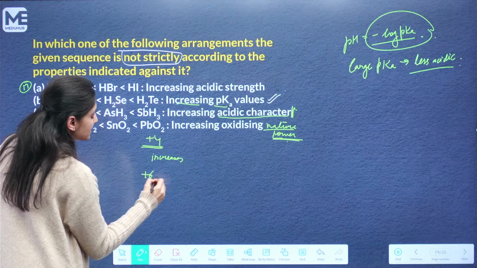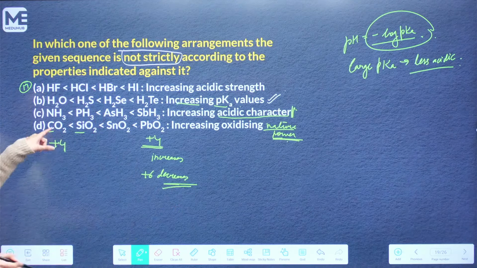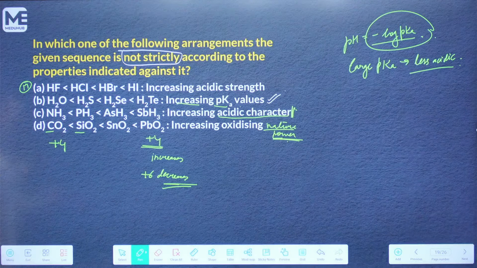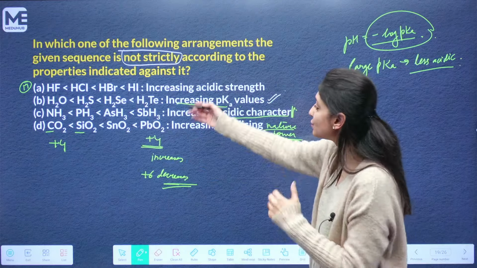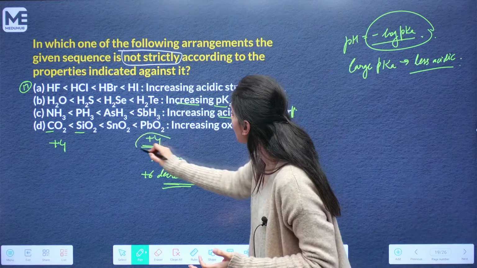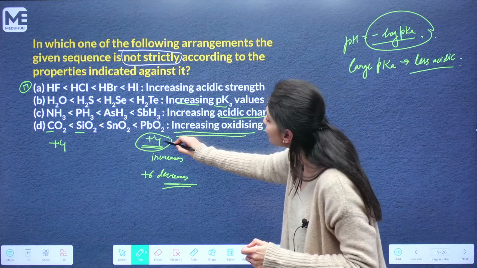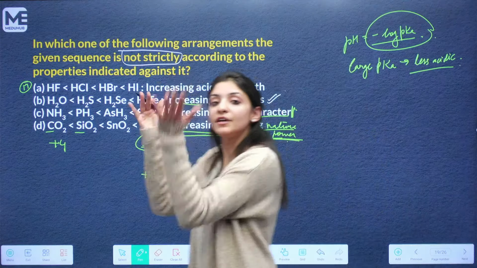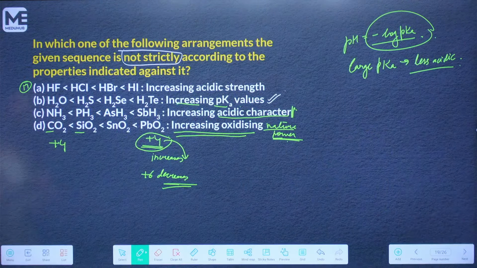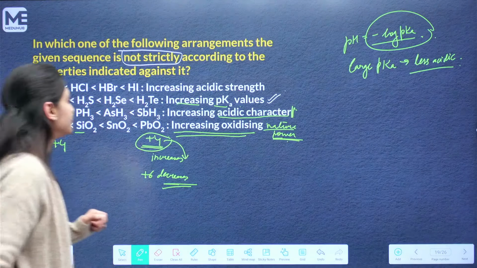And that of +6 decreases. So if CO2 is an oxidizing agent, that means its oxidation state needs to decrease. Here, this order is true because +4 would not want to go to a +6 state, it would want to get to a reduced state. So this order is also correct. So the one not strictly following is option B.